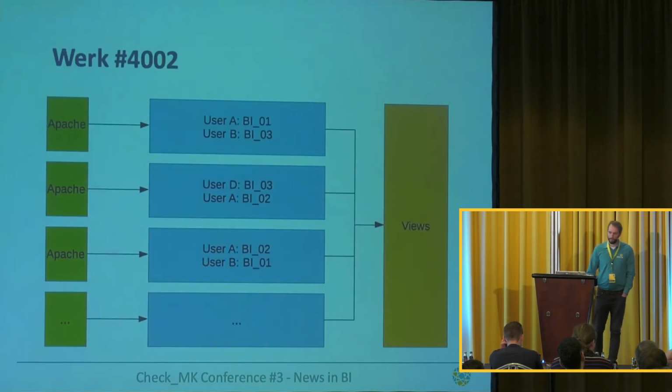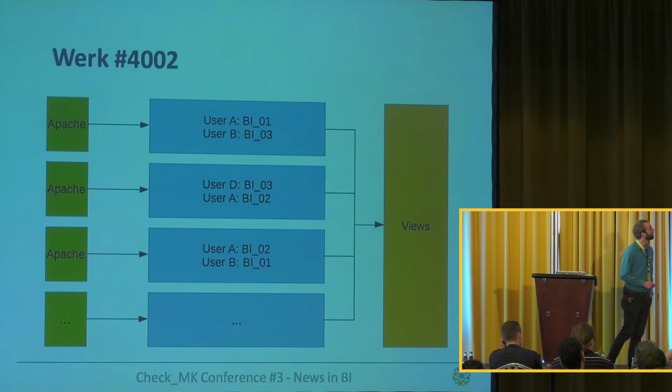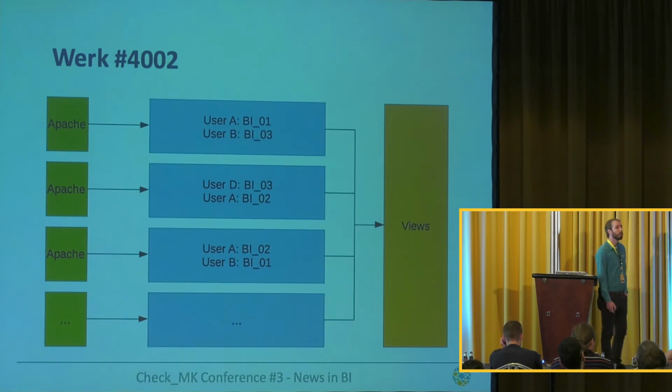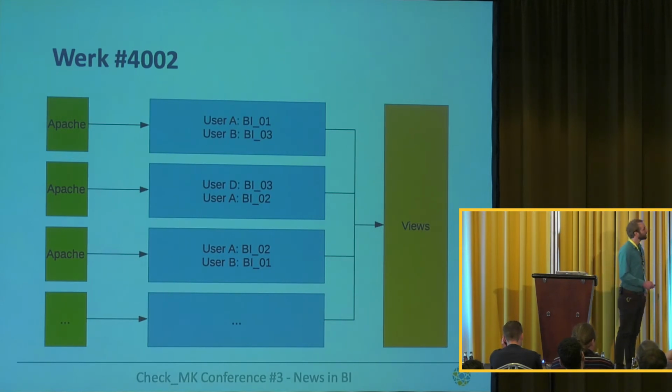So far, each Apache process had its own cache. That means user A wants to look at BI1 and ends up with one Apache, which calculates the BI and saves it in its cache, and then you see this view.